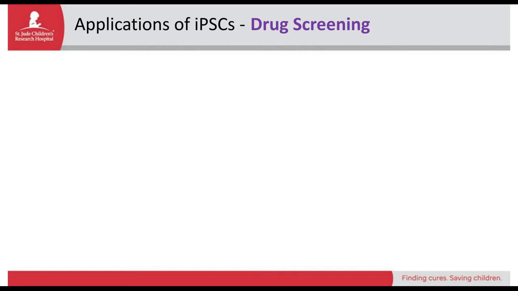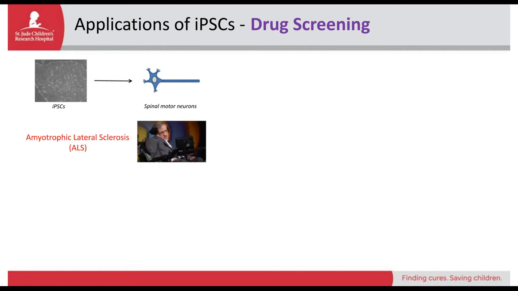So several labs around the world have developed protocols, based on what we know from developmental biology studies, to differentiate human iPSCs into spinal motor neurons of the spinal cord. Now, these neurons are significant in a disease called amyotrophic lateral sclerosis, or ALS, which is a progressive disease where the spinal motor neurons undergo progressive neurodegeneration, which starts with causing muscle weakness, resulting eventually in a complete inability to use your muscles.